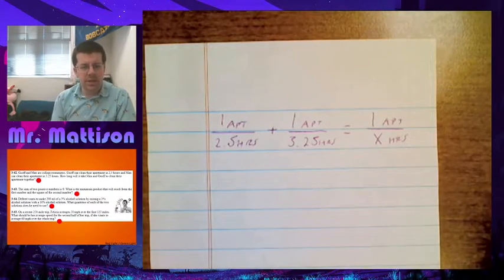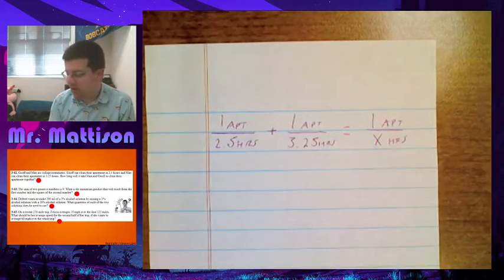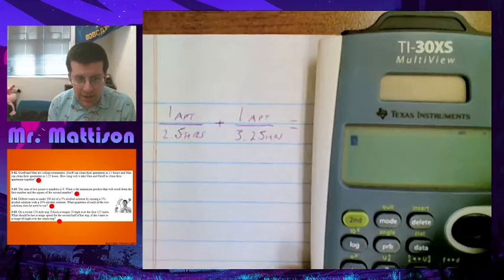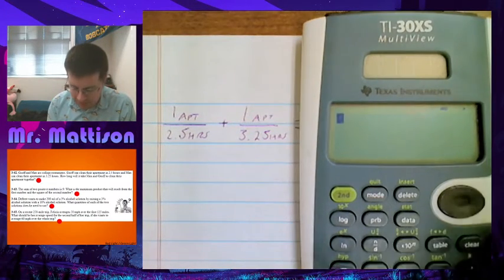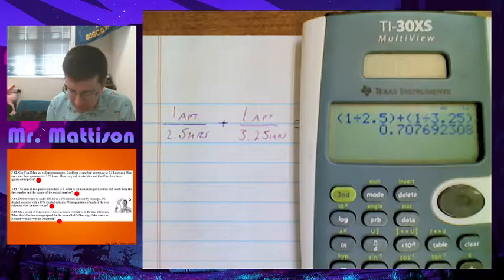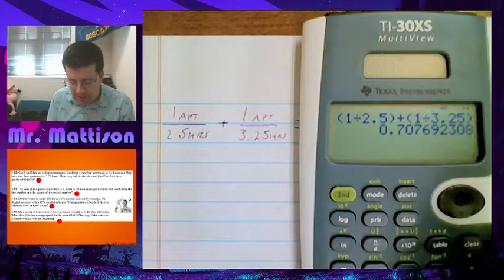To get this, I effectively just want to be adding these two things, right? So if I grab a calculator and do 1 over 2.5 plus 1 over 3.25, I get 0.707 and so on.